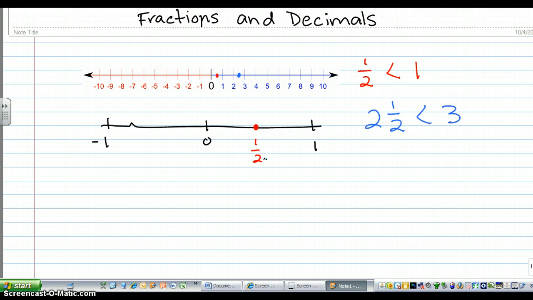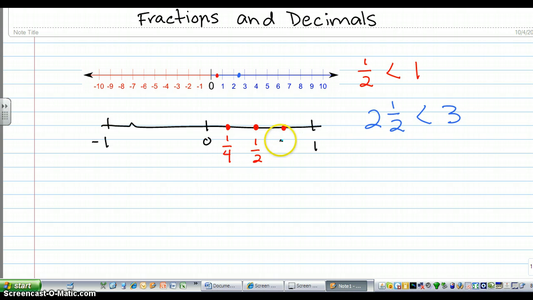There are other fractions that you really should memorize and know where they are on the number line. For example, 1/4. 1/4 means I'm separating from 0 to 1 into 4 sections. So 1/4 would be about right there. 3/4 is another one you should know, and that would be separating from 0 to 1 into fourths and counting where the third of those fourths would be.